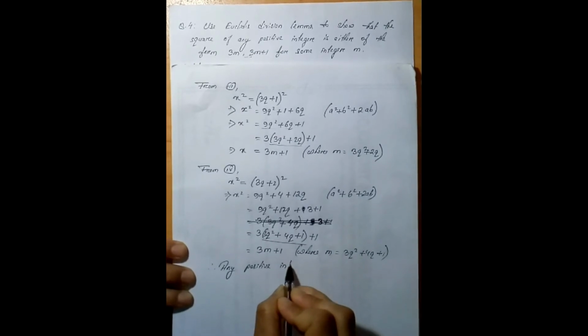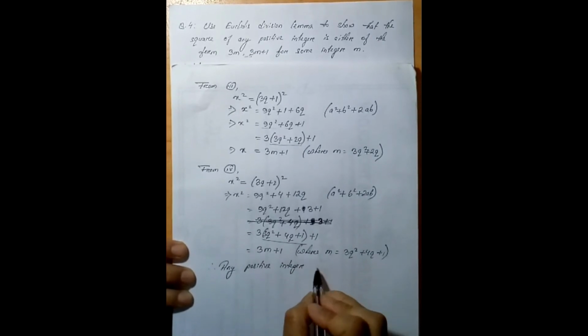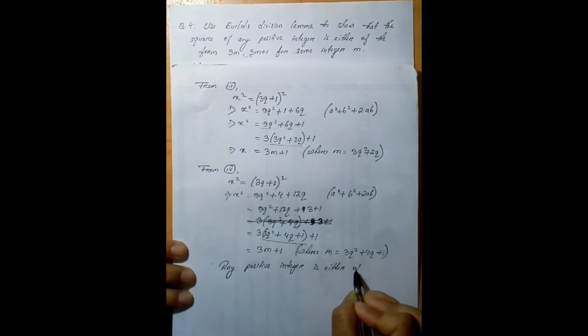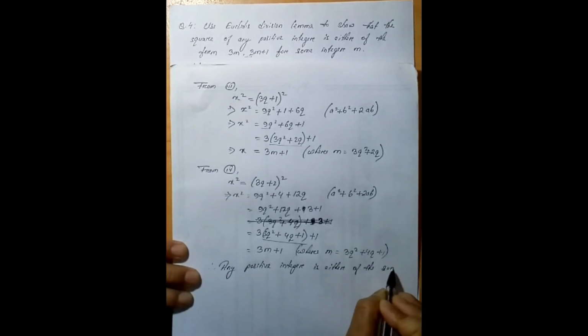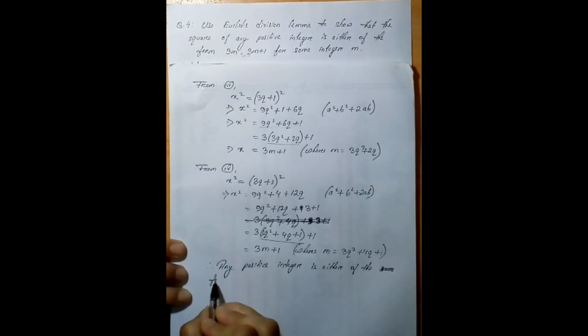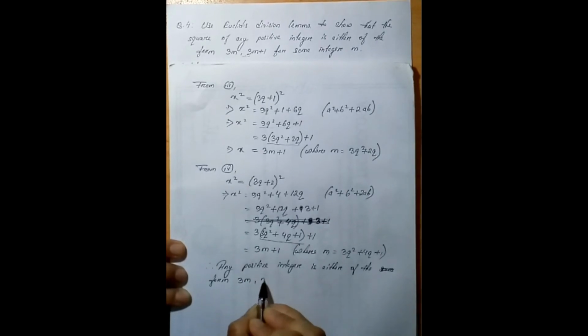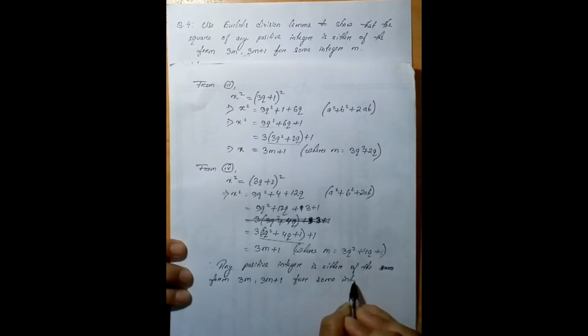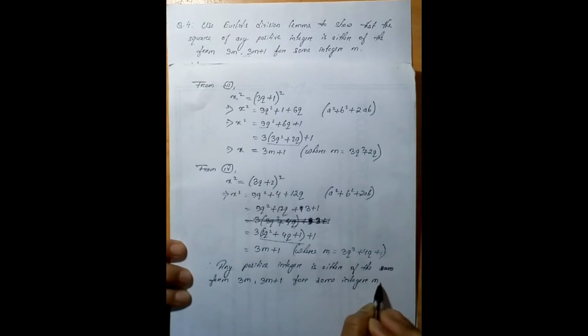The answer of this is hence any positive integer is either of the form 3m or 3m plus 1 for some integer m.